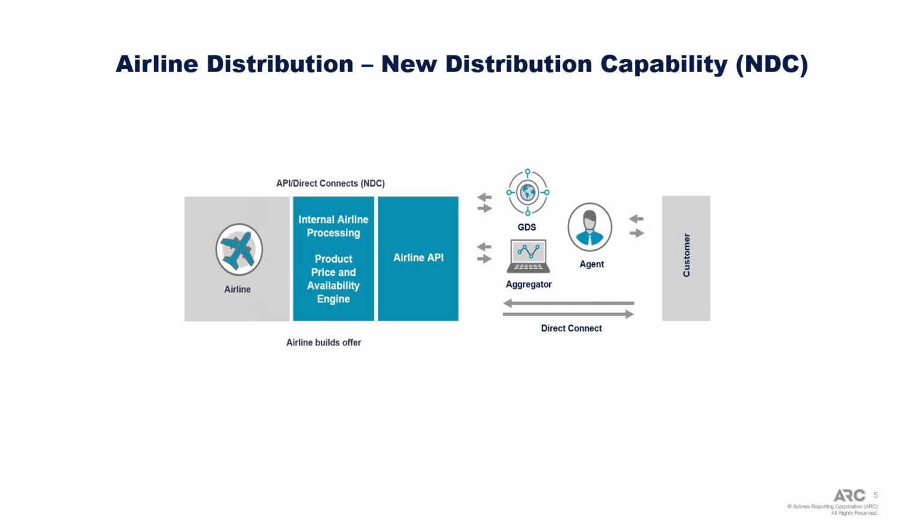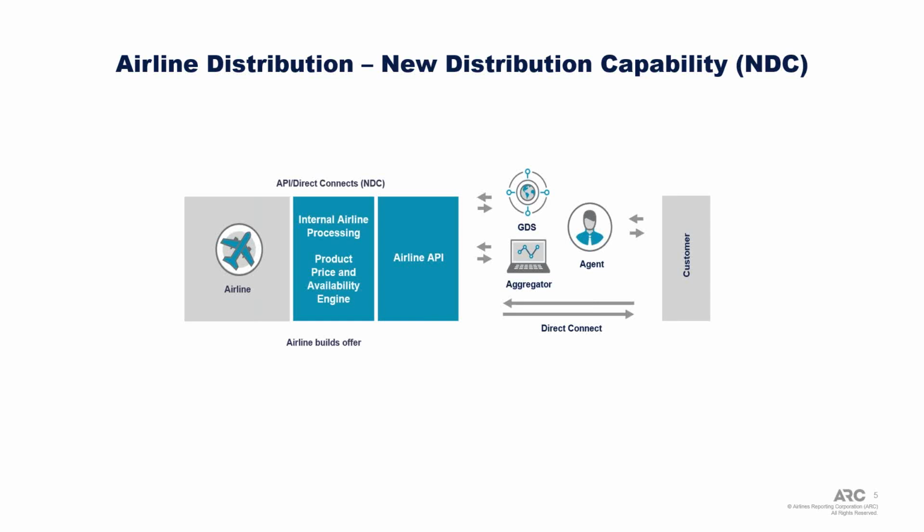So let's talk a little bit about NDC and what it allows. The premise behind NDC was to allow the airline to build the offer and distribute it through a variety of distribution mechanisms.